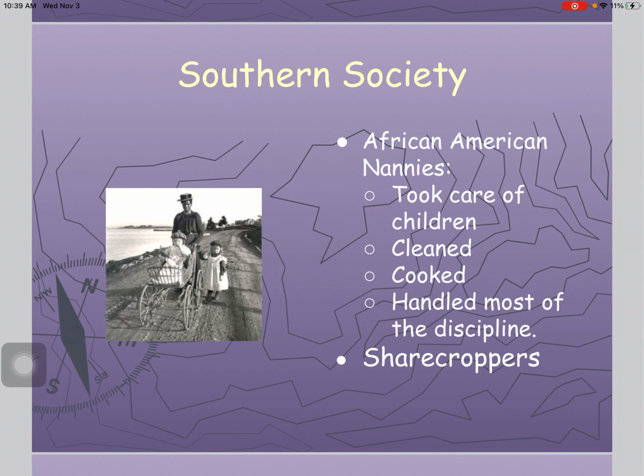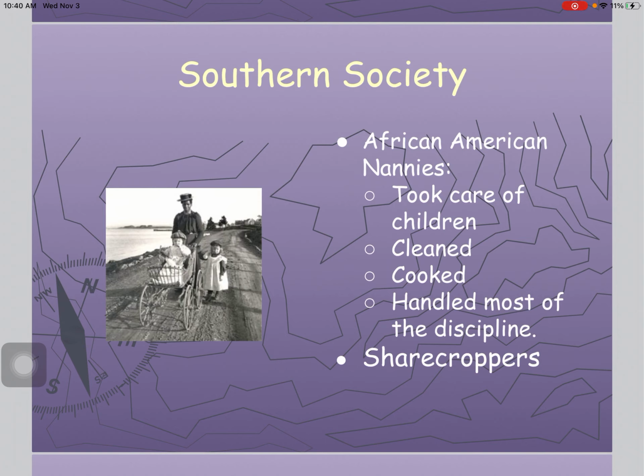Another thing that's important to note is that it was very common for people who had a bit more money to hire African American women to come into their homes, raise their children, take care of them, clean, cook, handle a lot of the discipline. Now this wasn't common for everyone, especially in Maycomb.